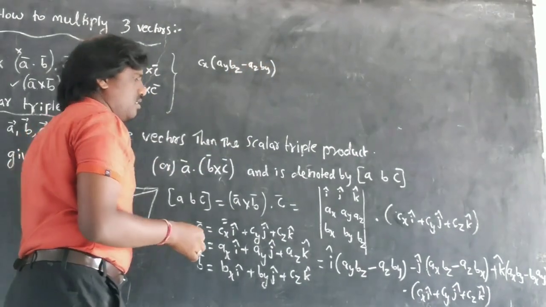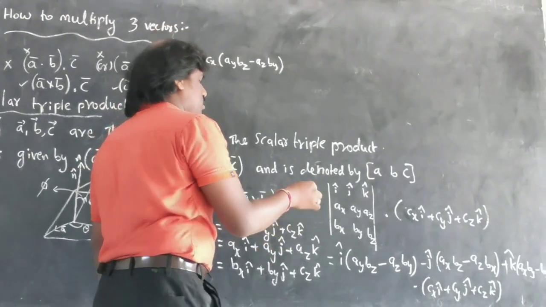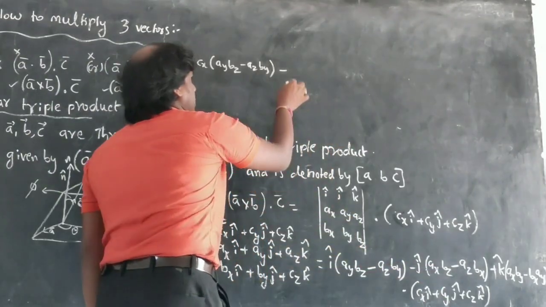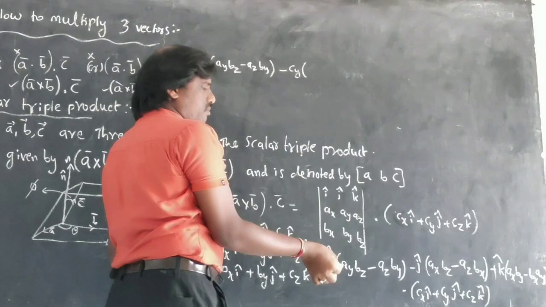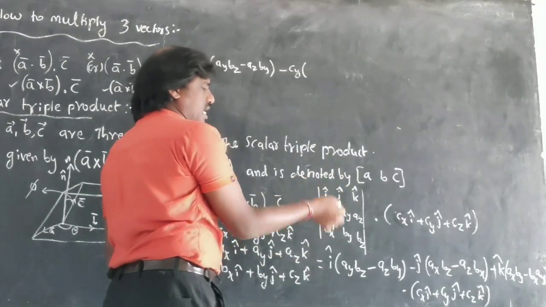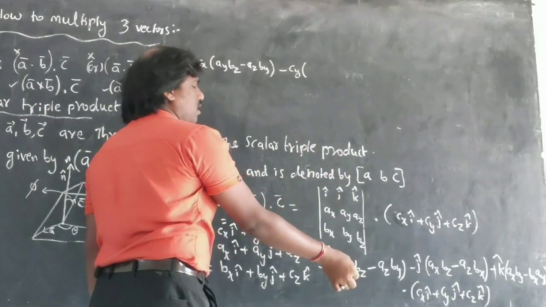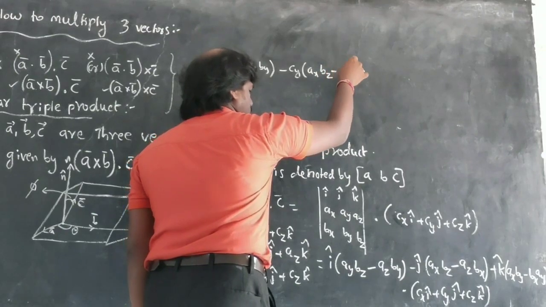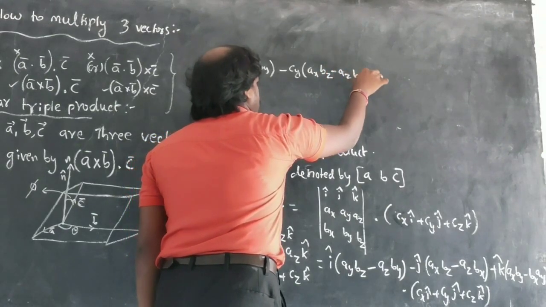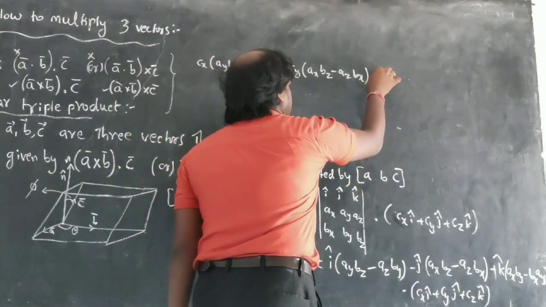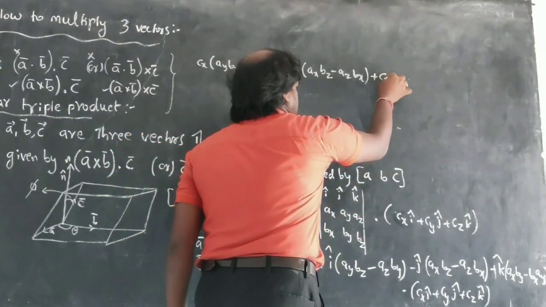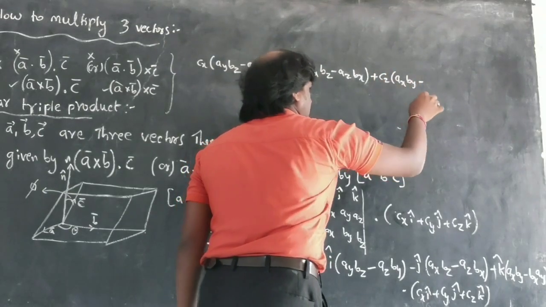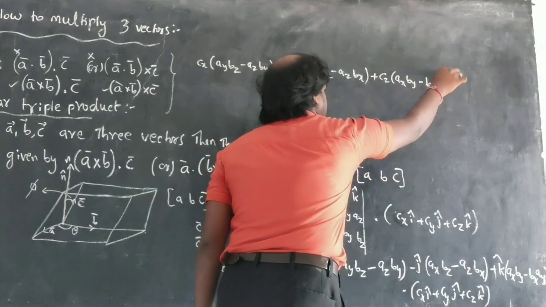Next, plus into minus, with the j component, I get Cy into AxBz minus AzBx. Plus, next, Cz into AxBy minus BxAy. This is what exactly I am getting.